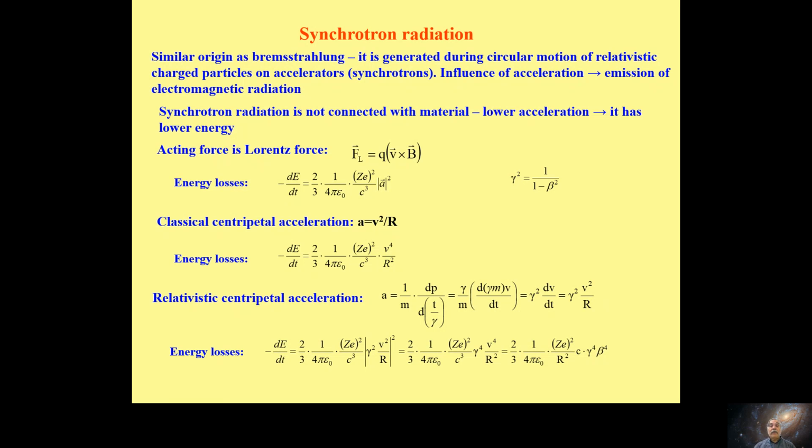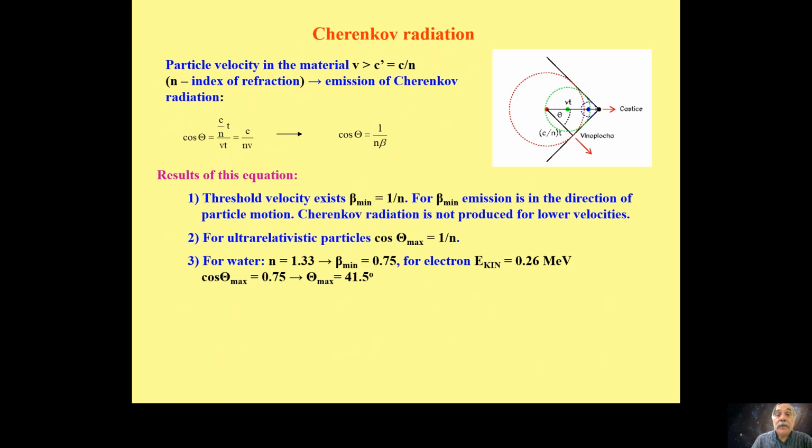That means you have some limit of possible acceleration of electrons and positrons in these circular accelerators.